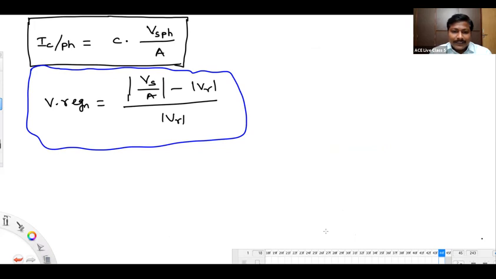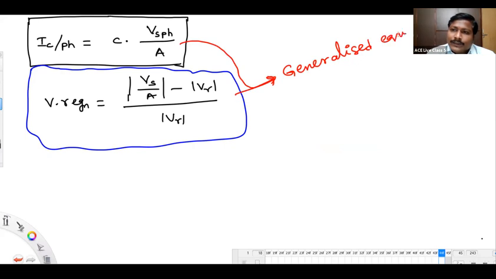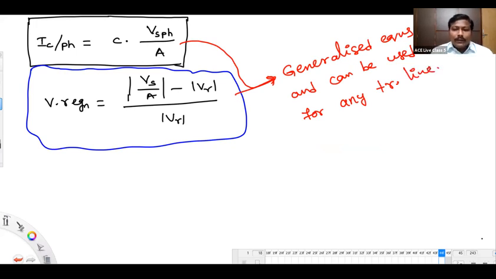This is a generalized equation for the voltage regulation, which can be used for any transmission line. Similarly, charging current also. These are generalized equations and can be used for any transmission line.